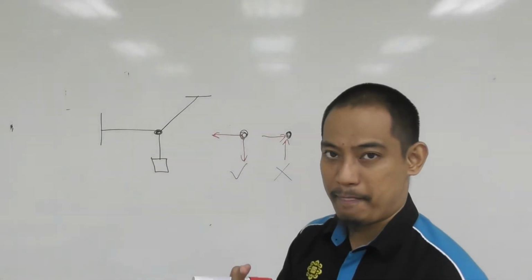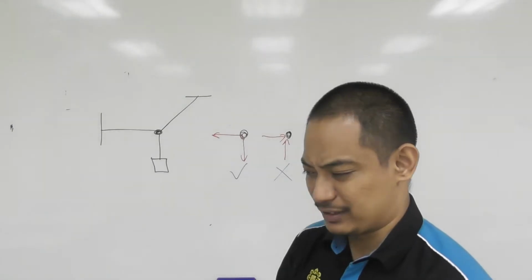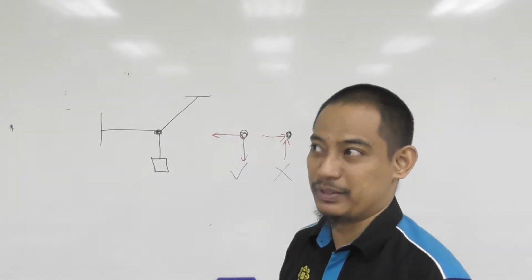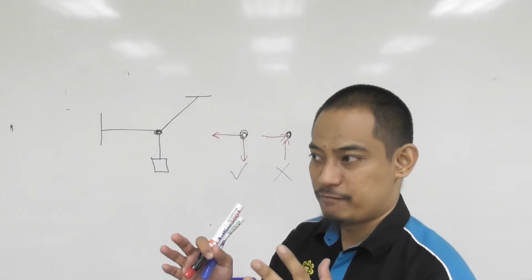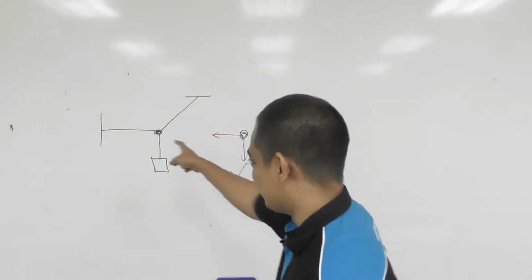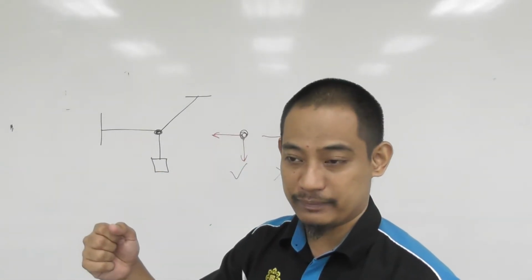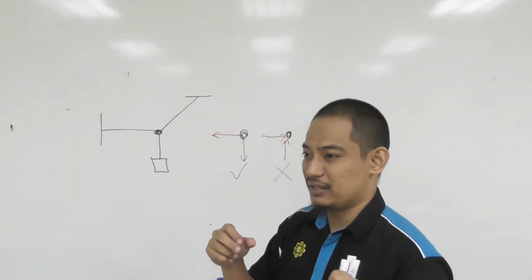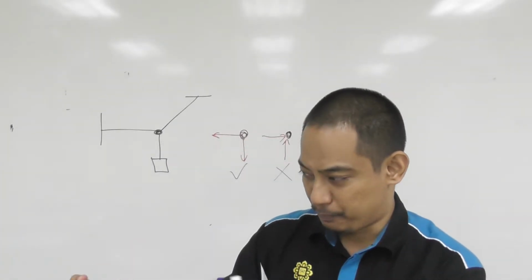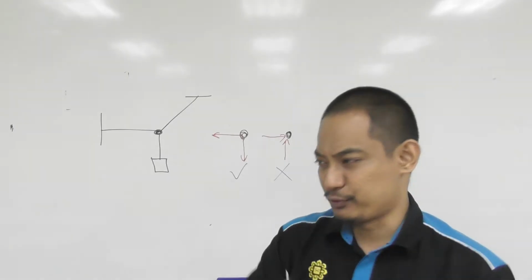Is it logical? By now you should be able to understand already, because you are taking an engineering course, you should be able to understand the basic fundamental behavior of objects. If you have a cable or rope, it is only possible to pull. You cannot push something with a rope.